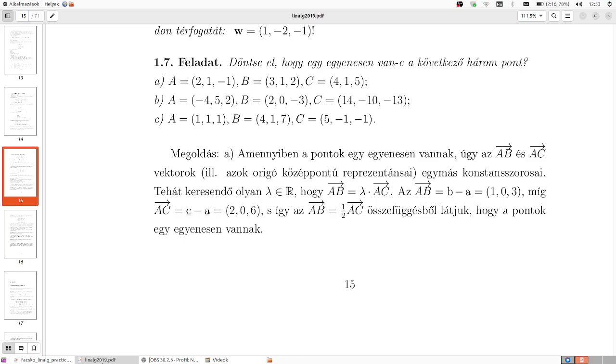So these vectors are looking in the same direction, and the vectors go from A to B and A to C. So A is common. So the starting point is common. So these are parallel, and these are on the same line.